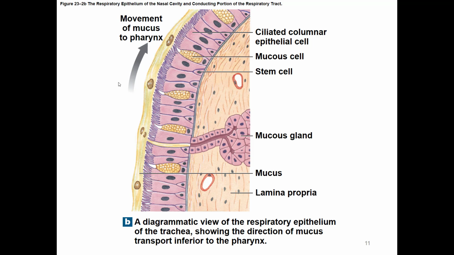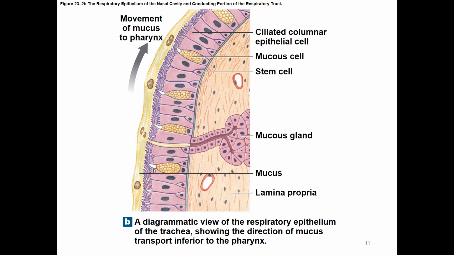Here's a close-up view of the epithelium in the respiratory tract, and it shows the epithelial tissue here and also these goblet cells, which are producers of mucus. So you can see the mucus is produced and is coating the cilia.